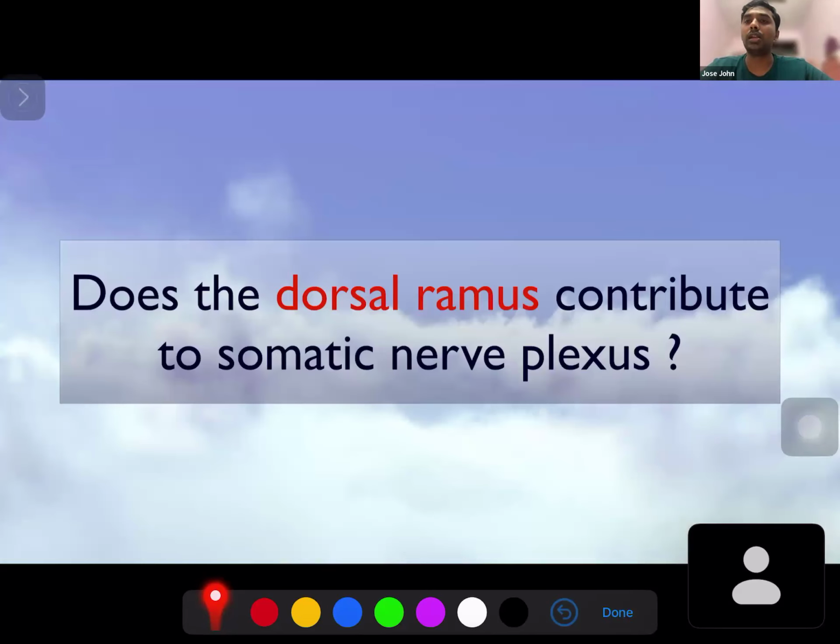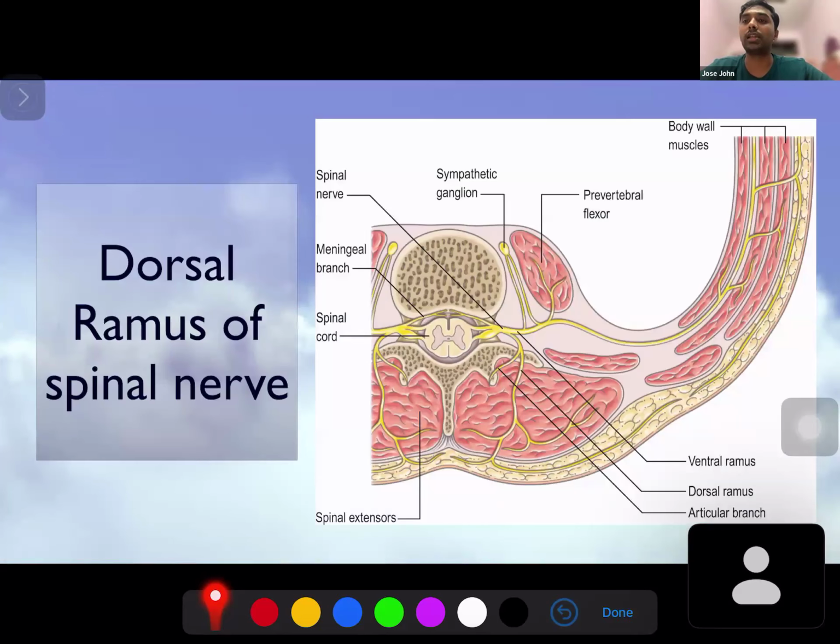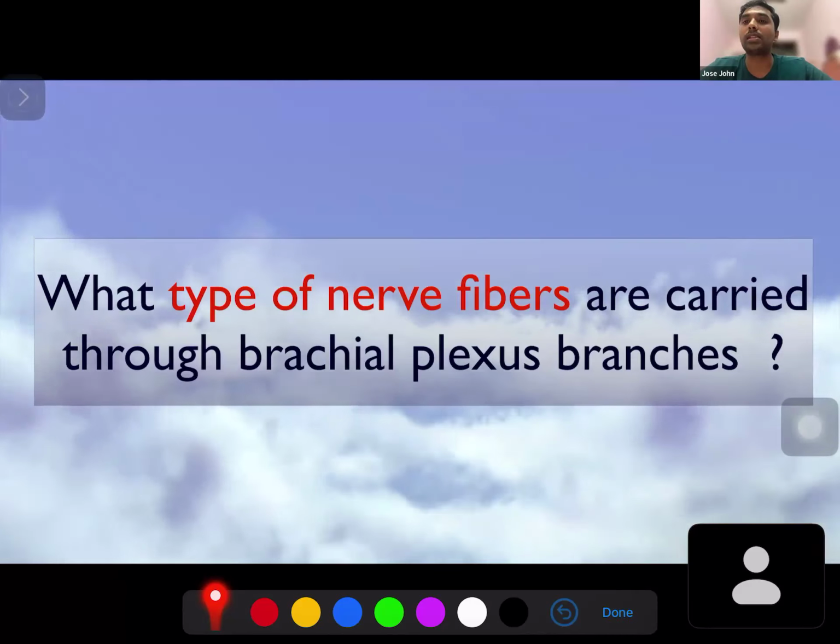Does the dorsal ramus contribute to the somatic nerve plexus? As I told earlier, the dorsal ramus supplies the skin and the muscles of the back. It doesn't contribute to the spinal nerve somatic plexus. So what are the types of nerve fibers carried through the spinal nerve?